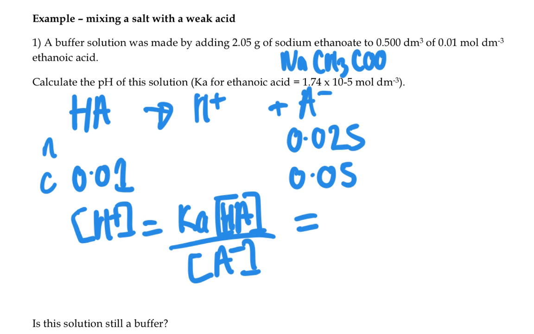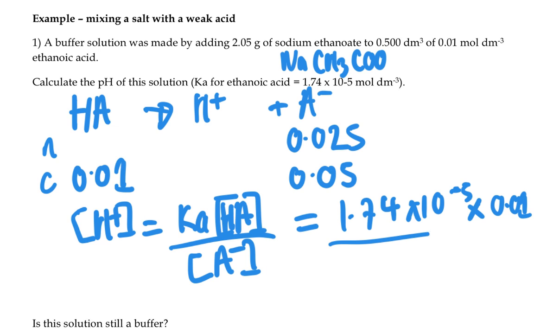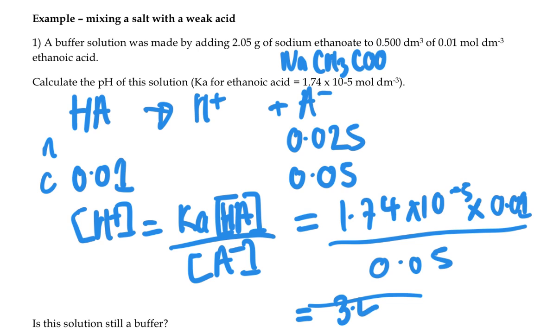So Ka is my 1.74 times 10 to the minus 5 times my 0.01 all over 0.05. And so my H+ is equal to 3.48 times 10 to the minus 6, and my pH is equal to 5.46.